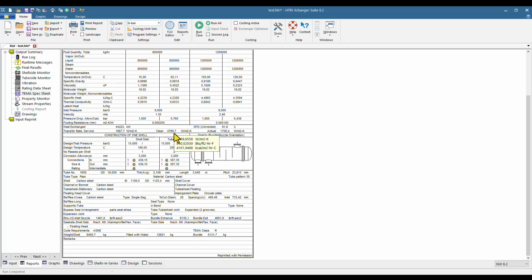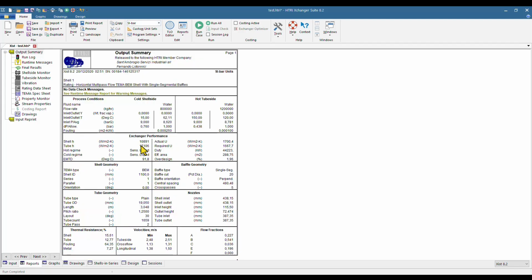This is due not only to the fouling factors, but to the fact that these fouling factors, which are reasonably low, are high if they are compared to the transfer coefficient, and you see this better in the output summary, which are 10,000 and 17,000.